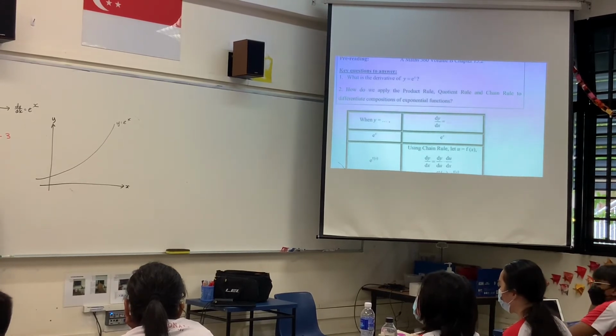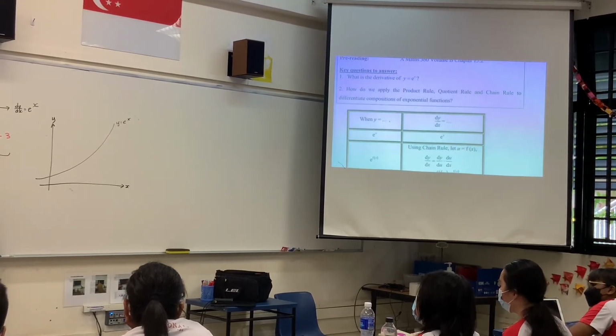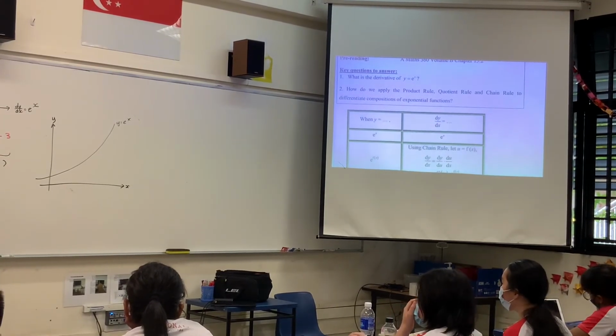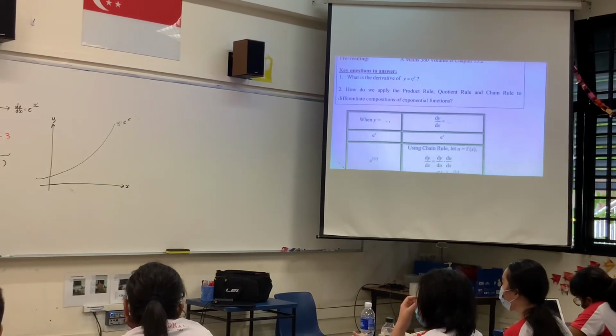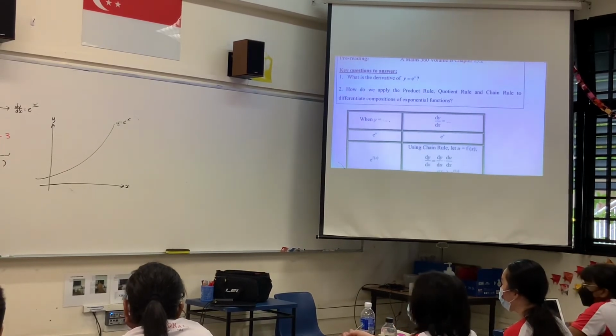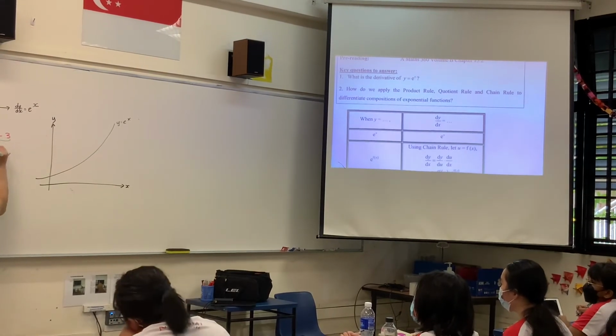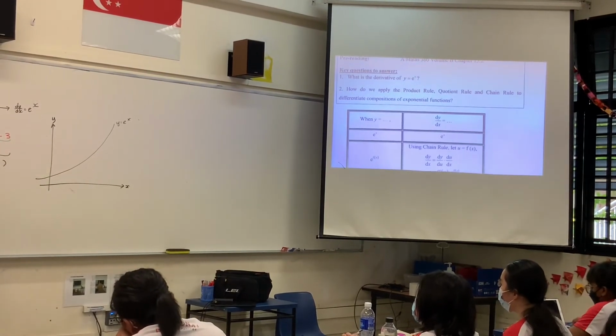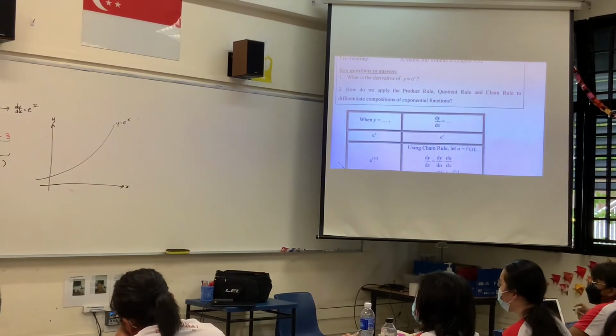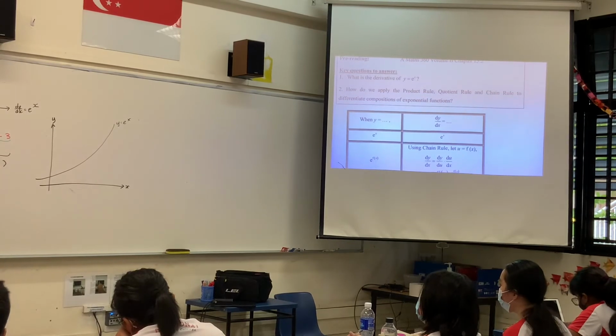Layer 1 is that I see e to the power of something. Then layer 2 is 7x plus 3.